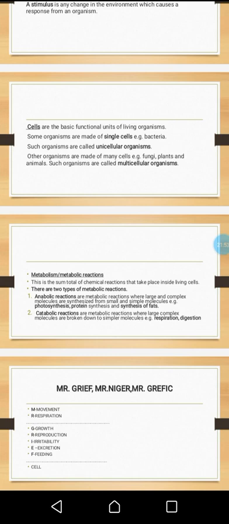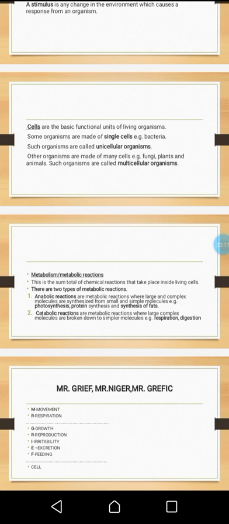So that is anabolic, building up from small simple molecules. Protein synthesis is the same, synthesis of fats is the same. We'll talk about molecules and how they are built in the next lesson when we start talking about nutrients.